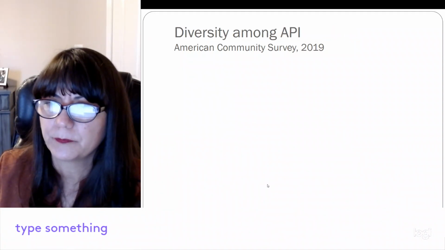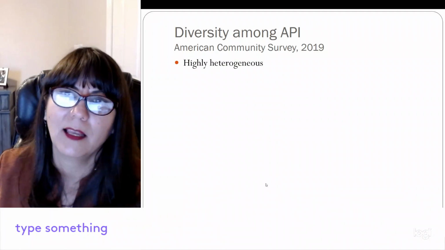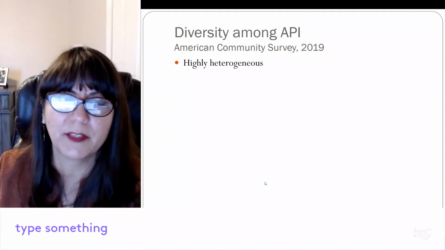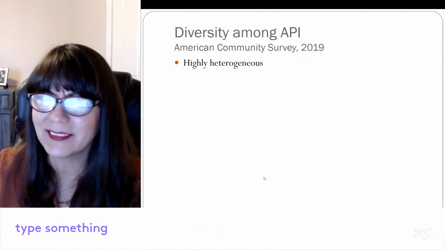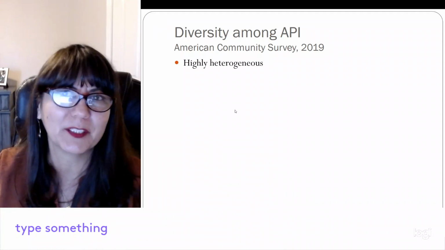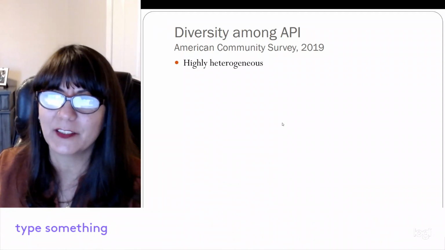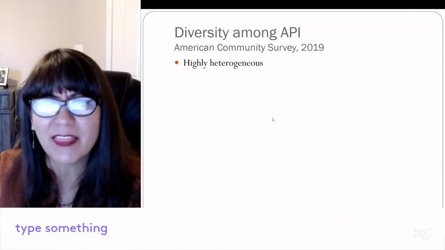So again, lots of diversity among Asian Pacific Islanders. They're all grouped together for census purposes, but it's ridiculous because the subgroups are so different, not only in terms of origin, but also in terms of health outcomes.